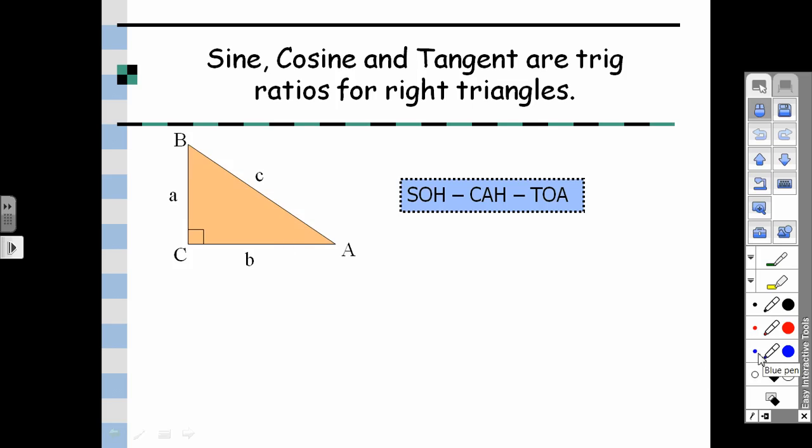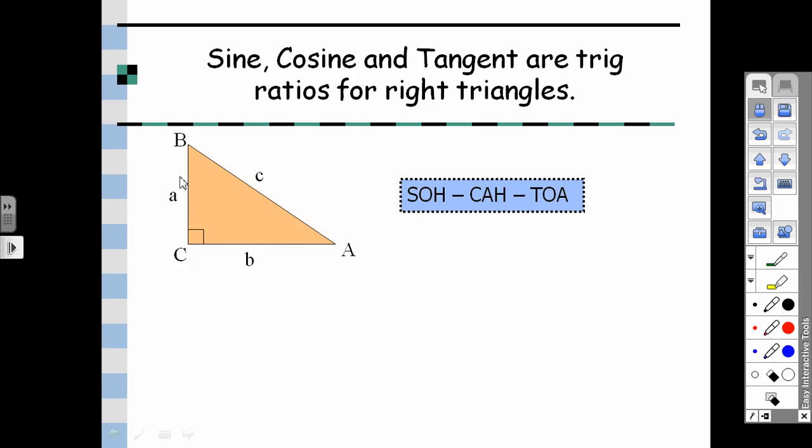So when you see side A right here, it's opposite angle A. And when you see side C, it's opposite angle C. And the last one, of course, angle B is going to be opposite side B. That's going to be really important to understand because it's going to be the relationship between the sides and the angle that you're talking about.